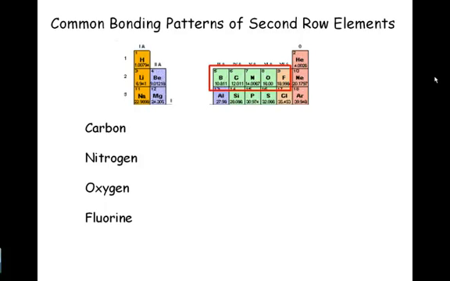So here we have 4 elements going across the periodic table, starting with carbon, moving on to nitrogen, oxygen, and fluorine. Boron is a little bit different, so we're going to talk about that last.